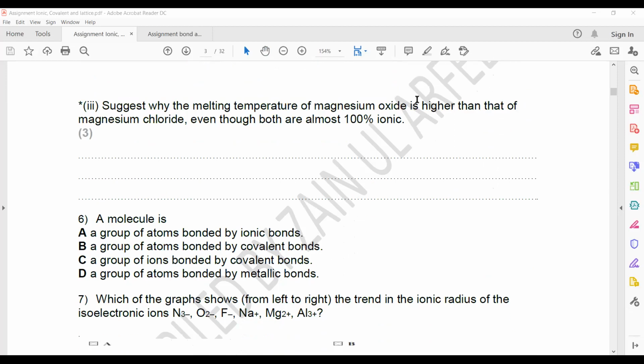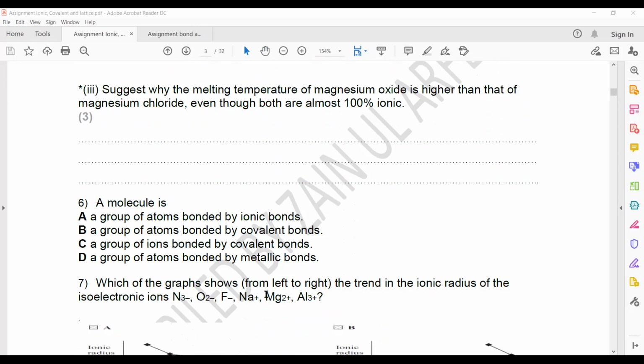Suggest why the melting temperature of magnesium oxide is higher than magnesium chloride, even though both are 100% ionic. It's 3 marks. So what is the reason for that? The attraction between the ions affects the melting point.